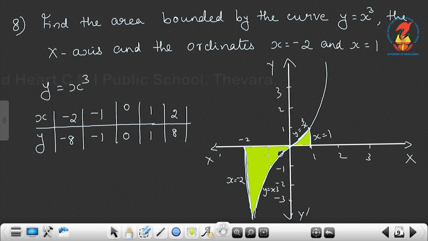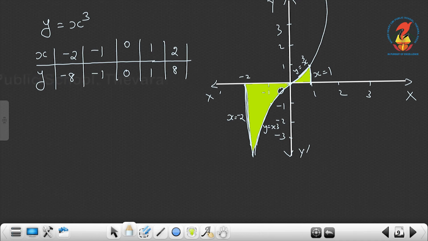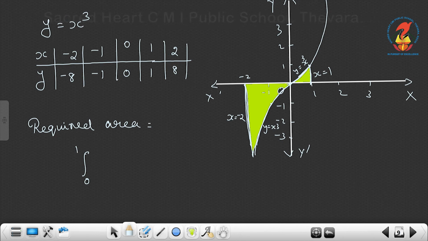Okay. So we can find the area. So how to find? The right hand side is from where to where? 0 to 1. This point is 1, 0. So 0 to 1 area under the curve y is equal to x cube. So required area is equal to integral 0 to 1 y dx in the right hand side.